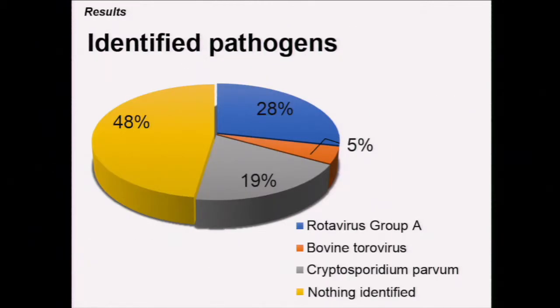Real-time PCR detected several types of pathogens in fecal samples. This plot shows the identified pathogens. Rotavirus group A and Cryptosporidium parvum accounted for the majority of detected pathogens. However, in one half of the samples, pathogens could not be detected.